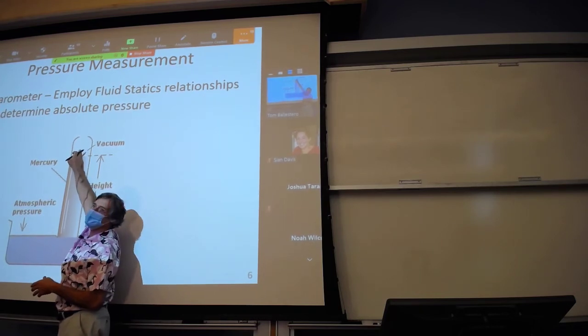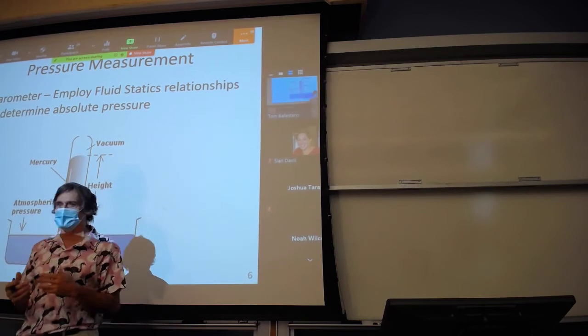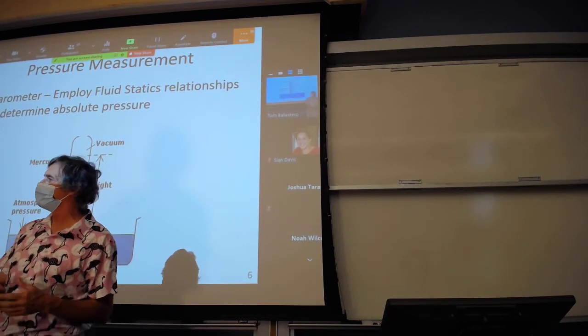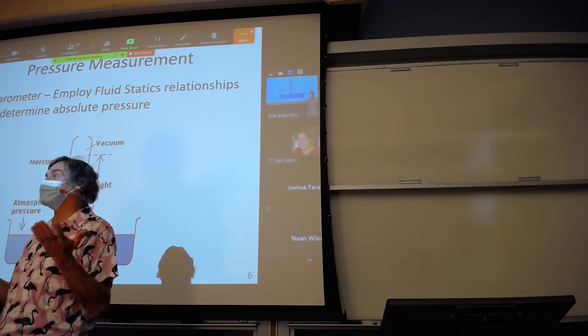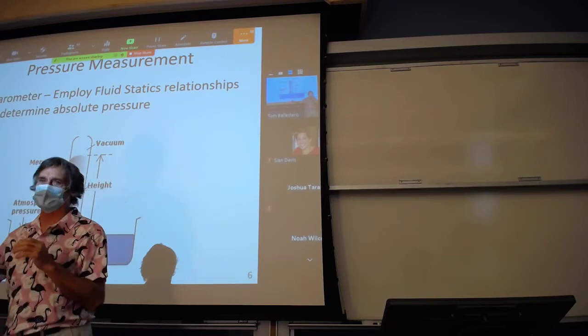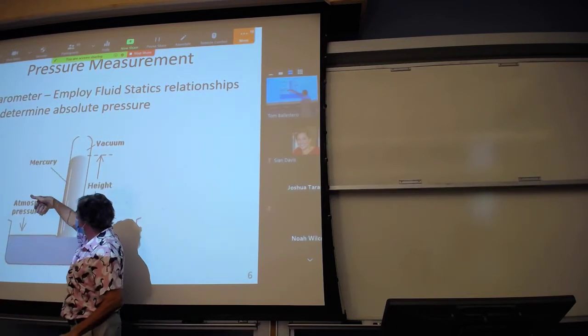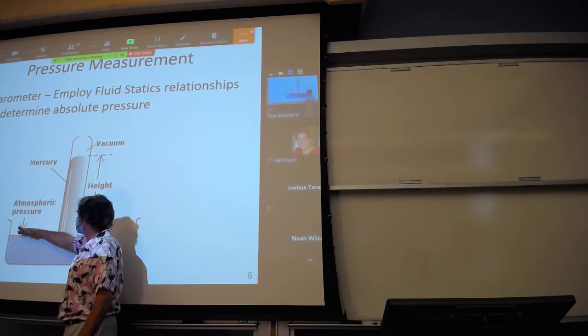What's actually up there? If this is mercury, and you actually created a perfect vacuum, over time, what's really up there? The vapor pressure of mercury. Vapor pressure. And actually, that's incredibly small. It's like 0.50 something. It's a very small number. And then out here, you have the whole column of the atmospheric pressure operating on this surface.